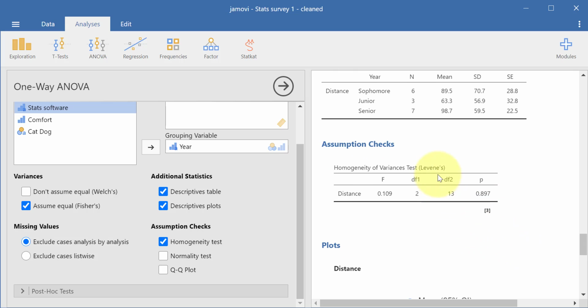The last thing is just to check whether, in variances, we can assume that they're equal or don't assume that they're equal. The homogeneity of variance test, this one here, is checking that assumption.